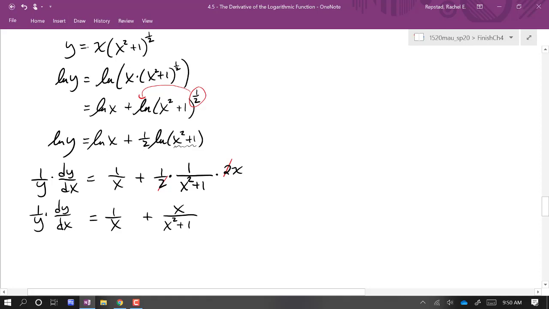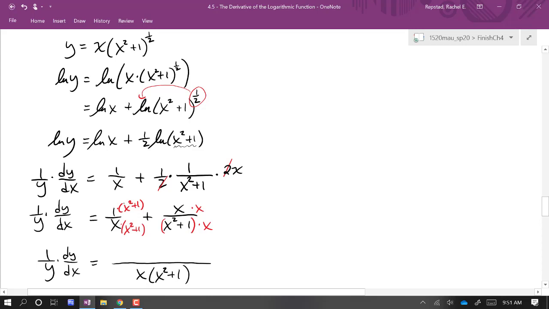We're going to simplify the right side, so I'm going to add these fractions and get a common denominator. The first one needs an x squared plus 1. The second one needs a factor of x. So on the denominator, I've got x times x squared plus 1. There's our common denominator.